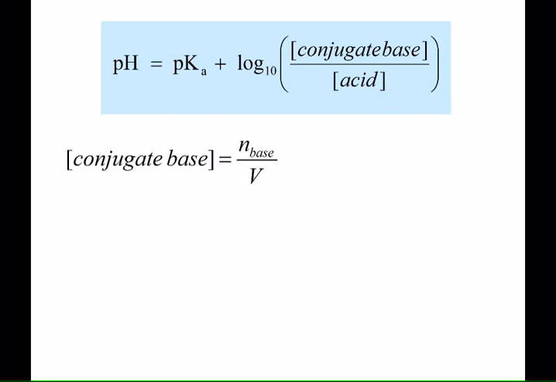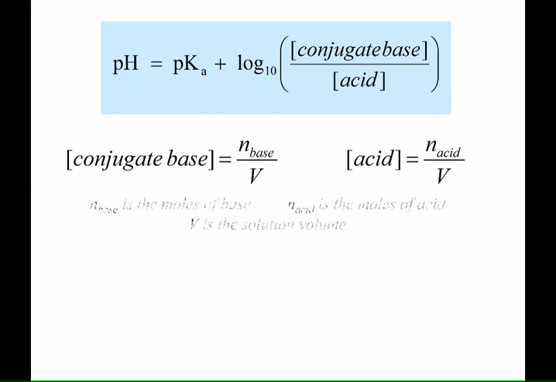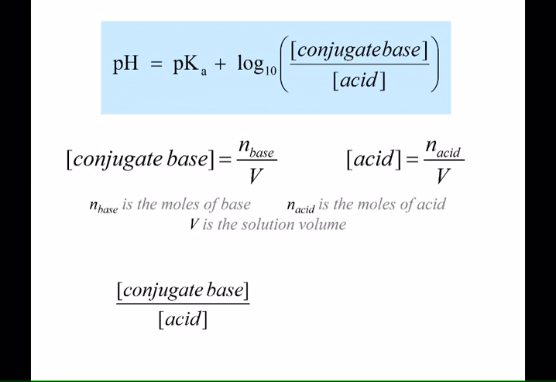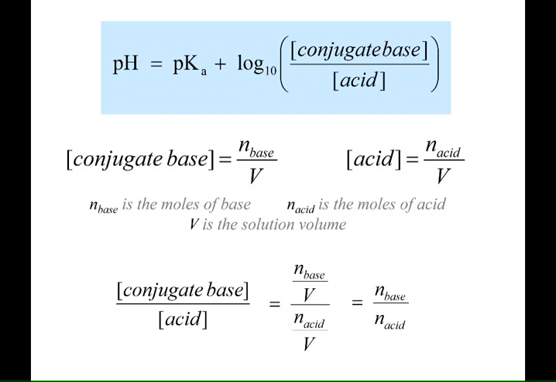Assuming that your conjugate acid-base pair are swimming around in the same volume, the molar concentration of the base is the moles of base divided by that common volume. Acid, moles of acid divided by that common volume. If we plug those in, our volumes will cancel, and now we have an alternate form of the Henderson-Hasselbalch equation.